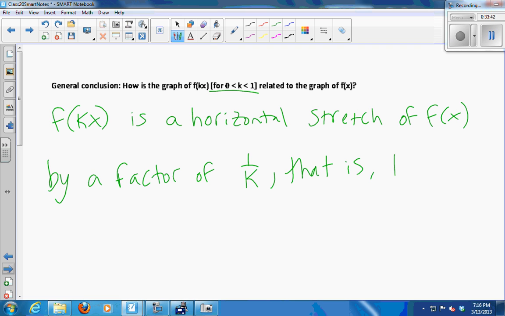That is the reciprocal of k. So the reciprocal of a half is 2. 1/1/2 is also 2.